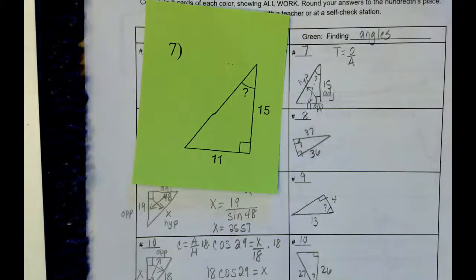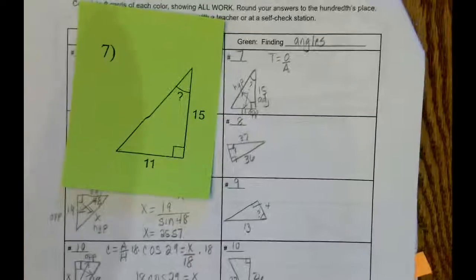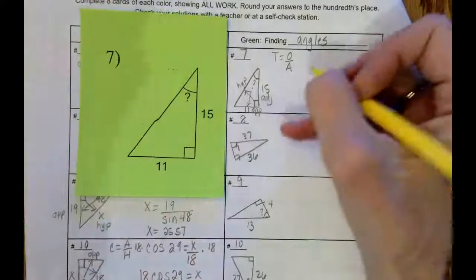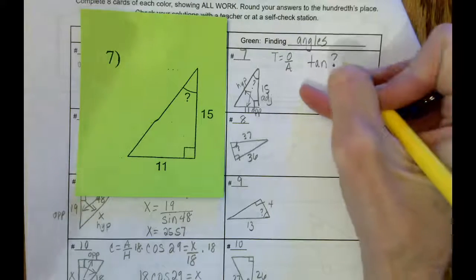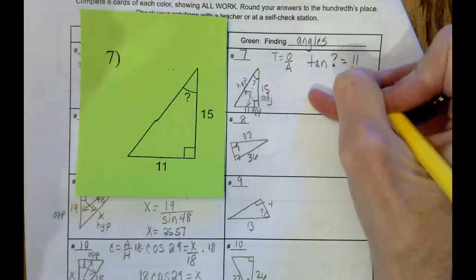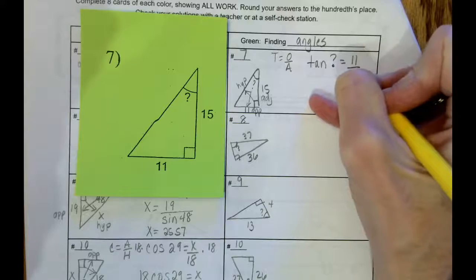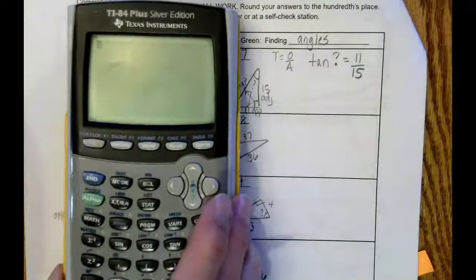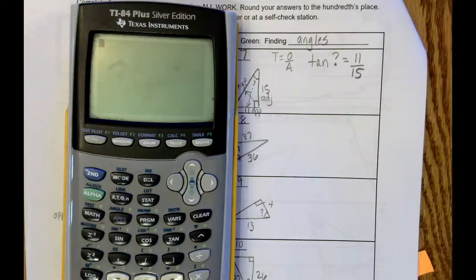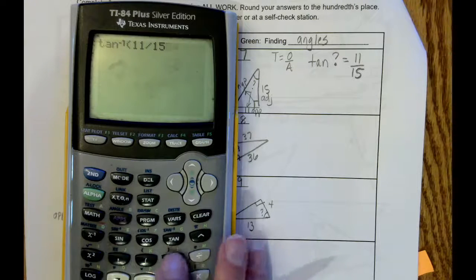And as we fill this in a little bit better here, so we're going to do tangent of our angle equals opposite divided by the adjacent. And what we have to do on our calculators or Desmos, and remember, you need to be in degrees, but on the calculator, we have to press second tan, which is 11 divided by 15.